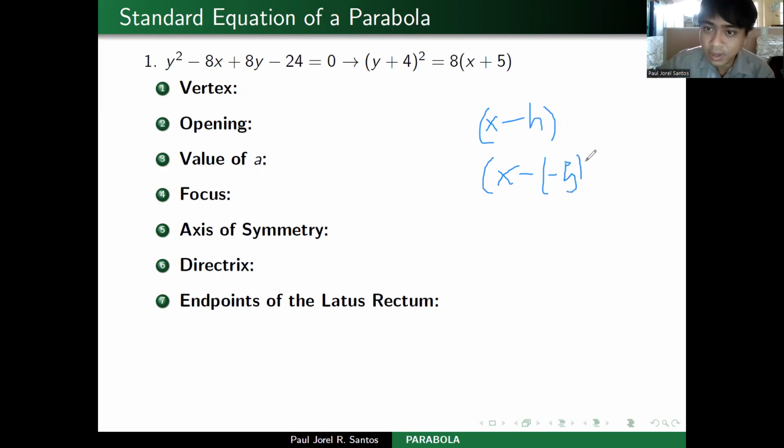Meaning to say, h is negative 5. Same goes with k. Since we have here y plus 4, it means our k is negative. So, yeah, the vertex is located at negative 5, negative 4.